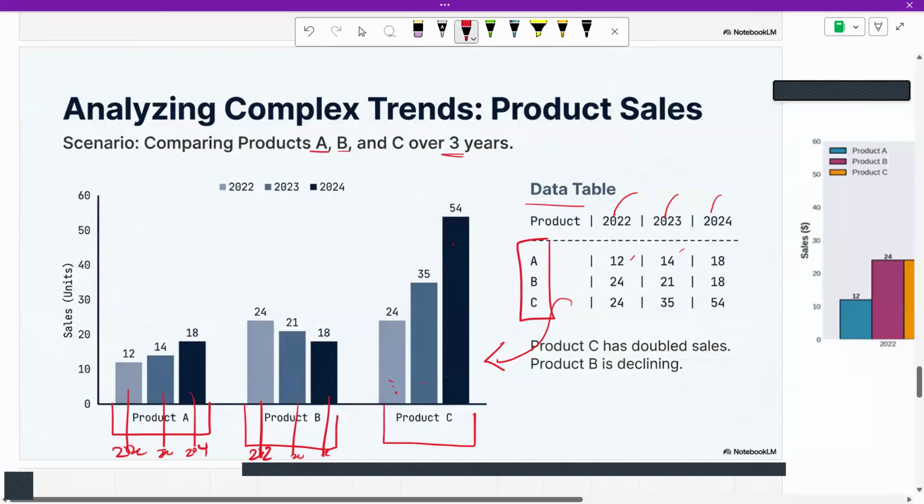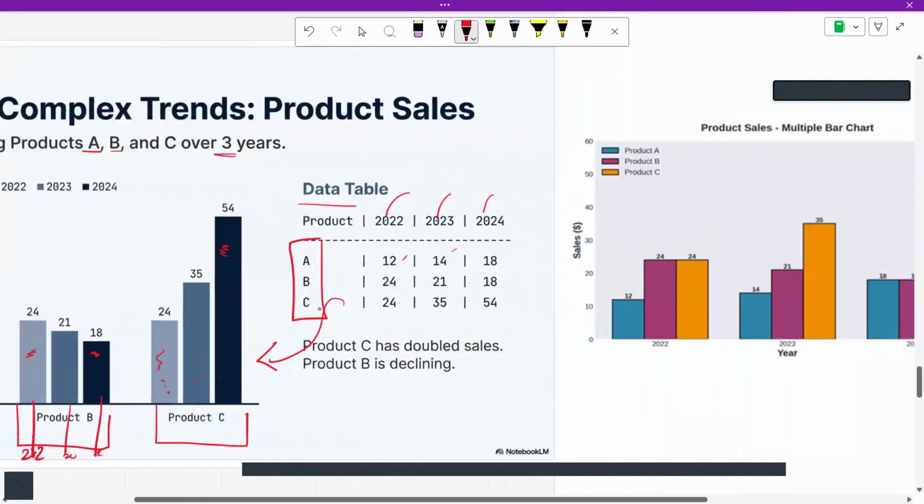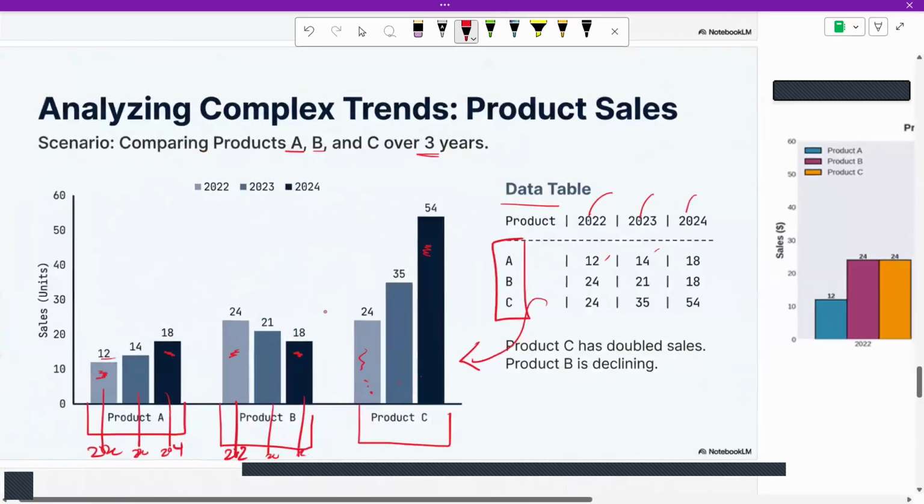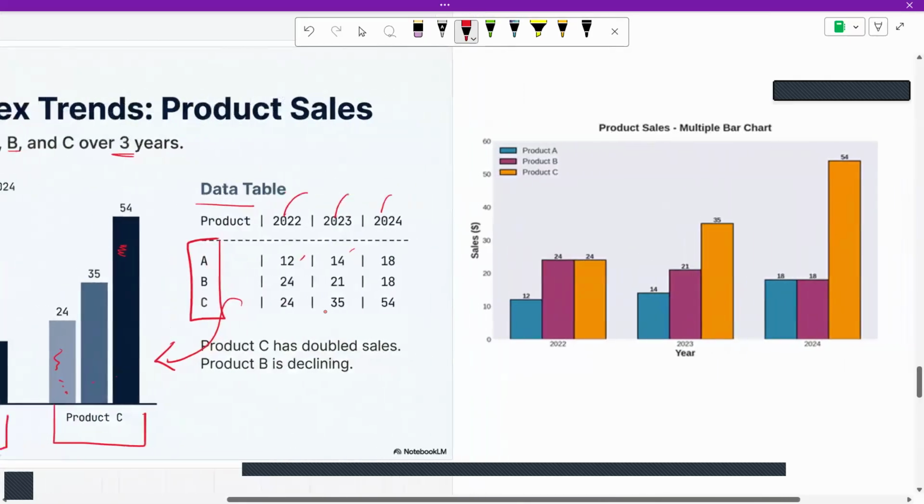And if you use a color here, you have to use the same color here and here. If you use this color for 2022, you have to use the same color or same pattern, so that it is very easy to compare. Right? Easy to compare. It's called a multiple output.